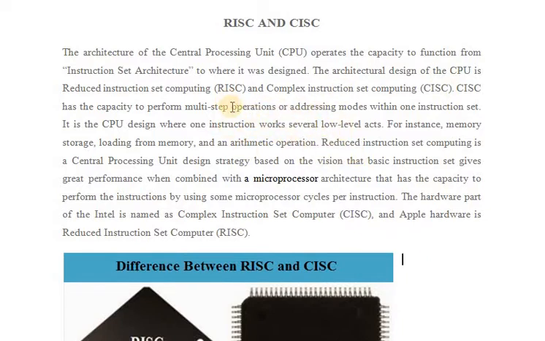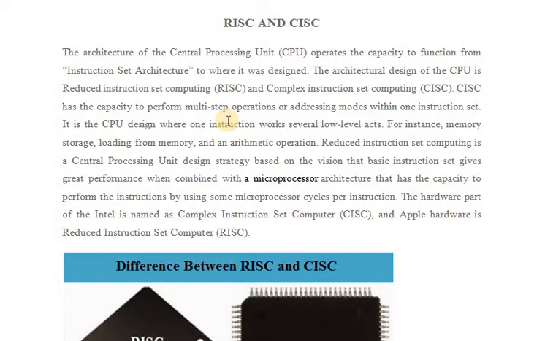RISC means Reduced Instruction Set Computing. That means it has a smaller number of instructions. How many instructions will be in the CISC? From 100 to 250 instructions. That is why they call it a large number of instructions.